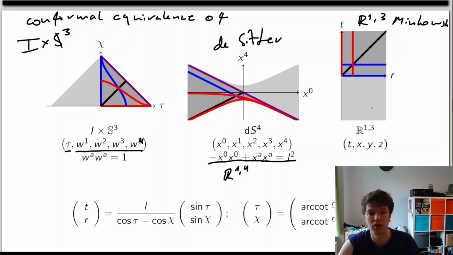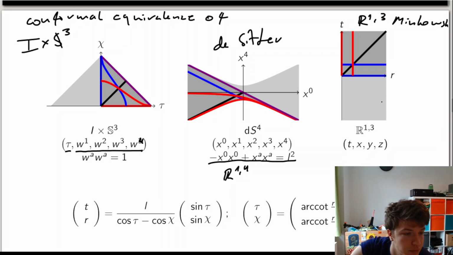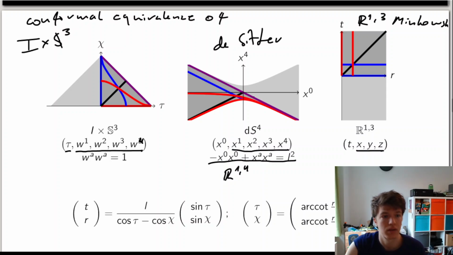And here in Minkowski space we have also the x, y, z components. And what I didn't mention yet is that in the spatial components we omit that we rotate around some axis.